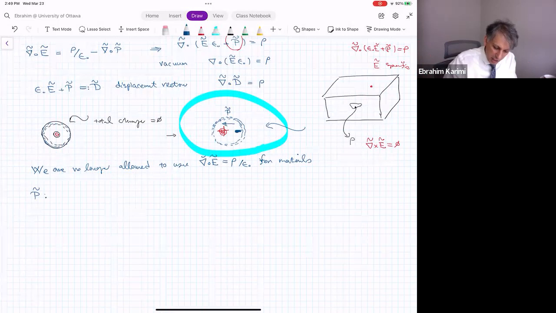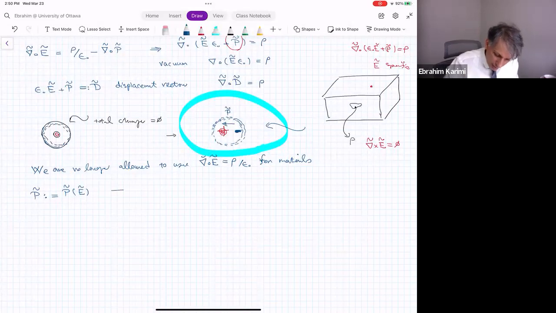This P, with applying the electric field, will increase, right? So it means that P essentially is a function of E, all right? So if you apply the electric field, then P also will change. And there is a specific functionality here.